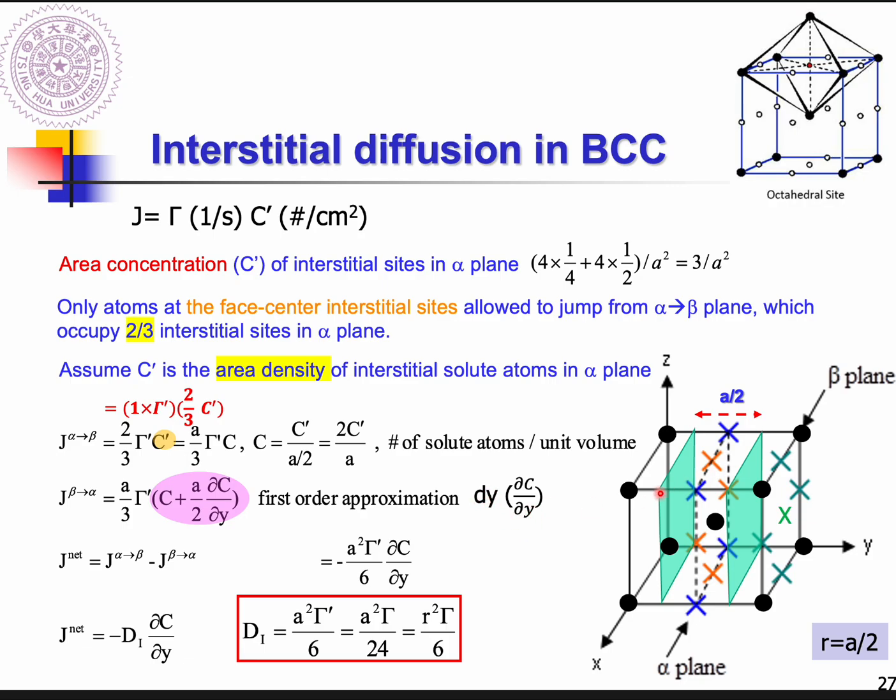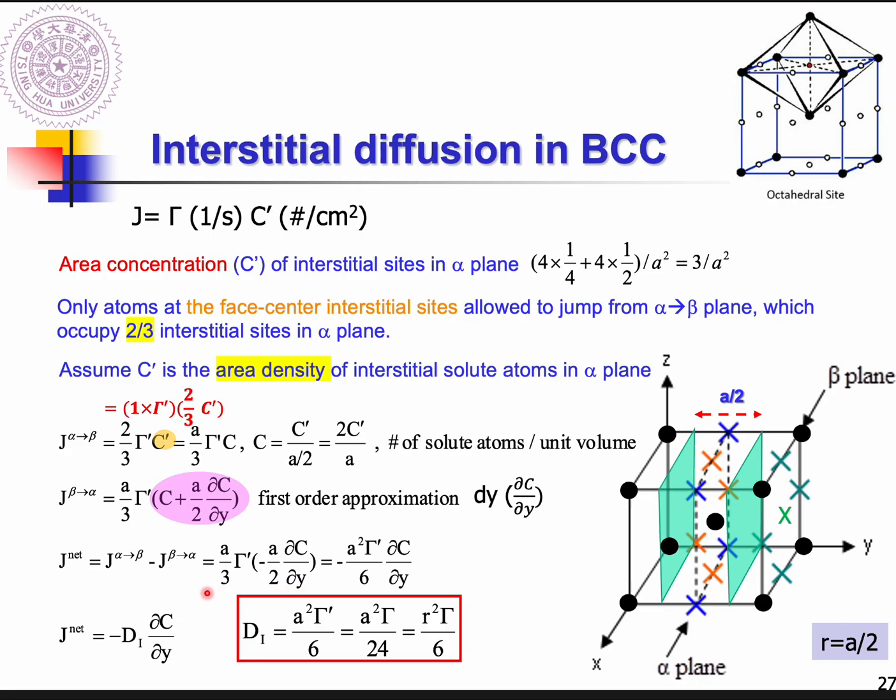And times dy. Dy is this one, so it's A/2. So you successfully got the flux from beta to alpha. Use this term minus this term, so the only thing left is this term times this term. So we got these results.